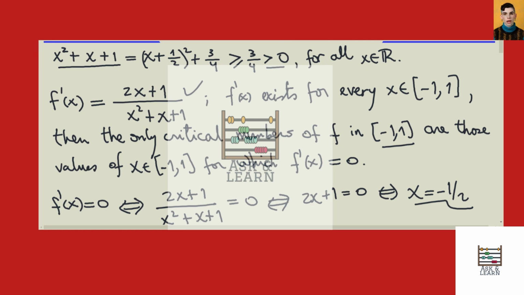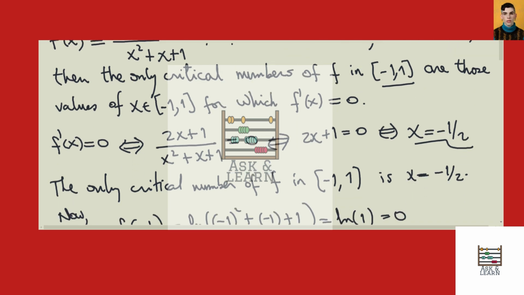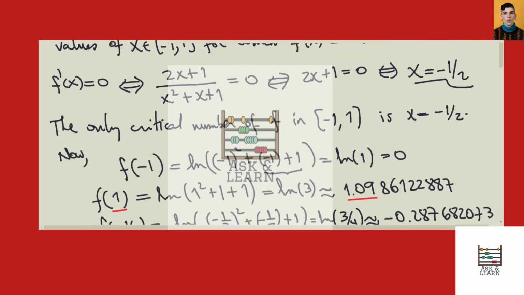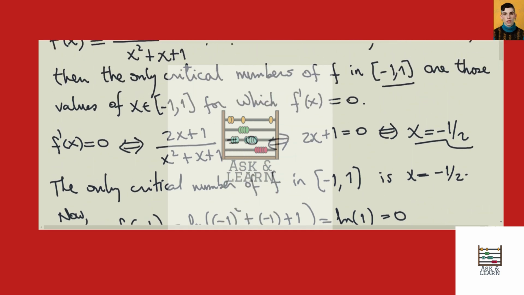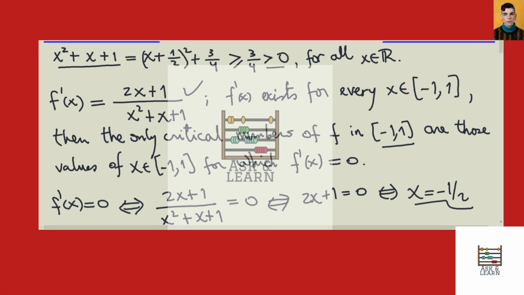So we stated the equation first derivative equals 0, which is equivalent to x being equal to -1/2. From that, we conclude that the only critical number of this function in the interval -1, 1 is -1/2. So we evaluated the function at that critical number and at the endpoints -1 and 1.